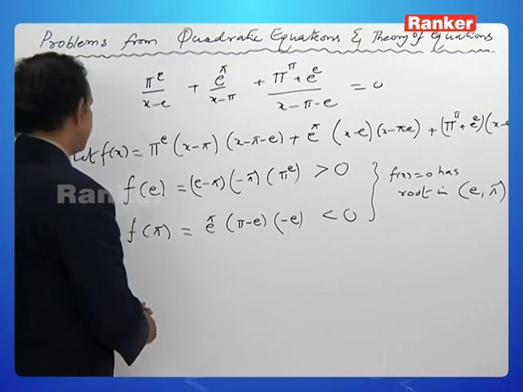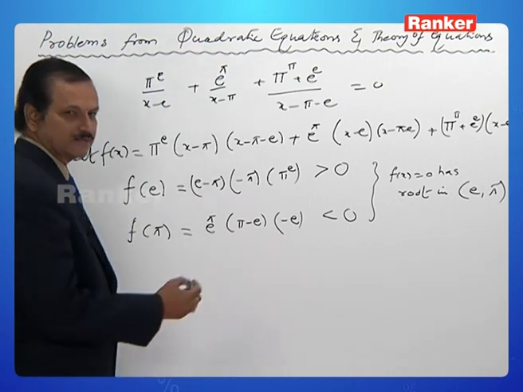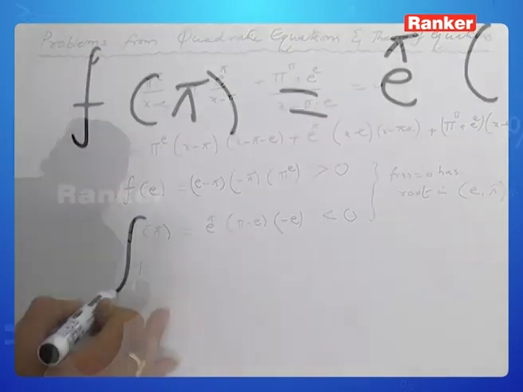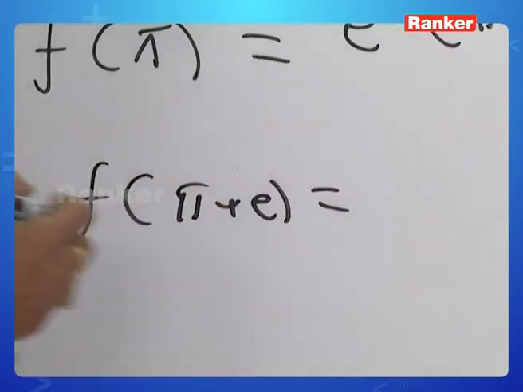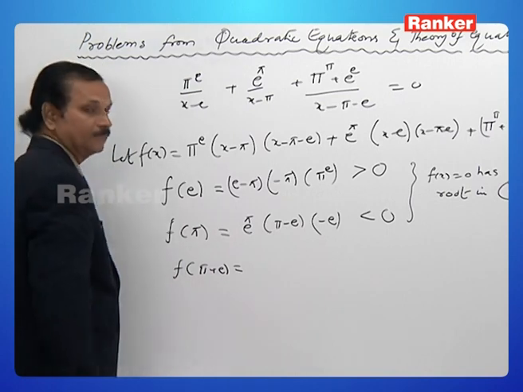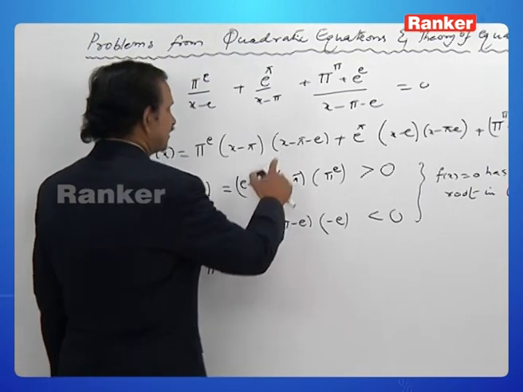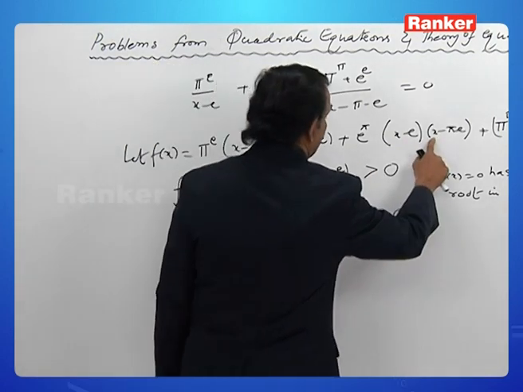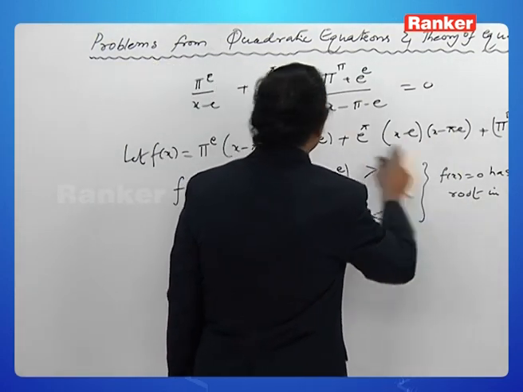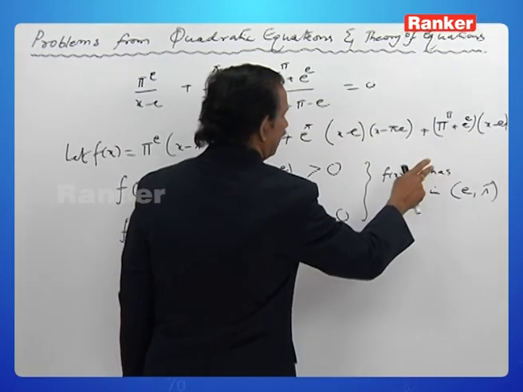One more thing, f of pi we could have calculated. Now let us calculate f of pi plus e. If x is pi plus e, then x minus of pi plus e is 0, x minus of pi plus e is 0. These two will be cancelled.